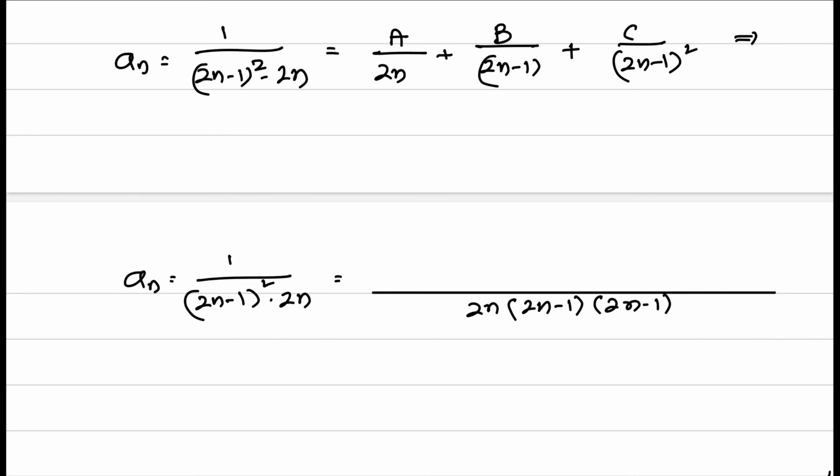Then what happens? 2n minus 1 whole square into A plus B into 2n into 2n minus 1 plus C into 2n.